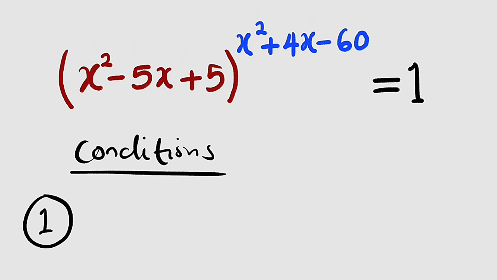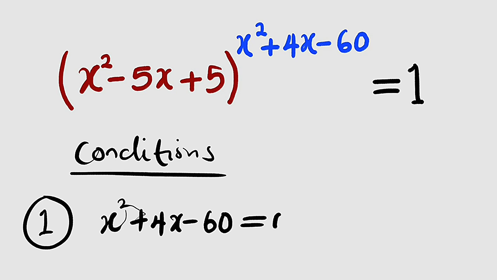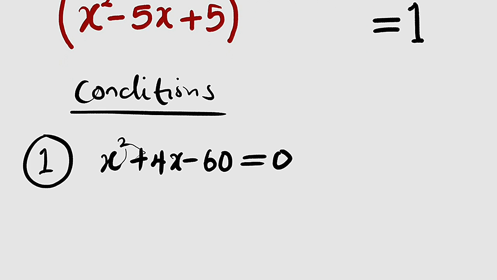The first condition, if our exponent is equal to 0, definitely the left hand side will be equal to 1. So the first condition is x squared plus 4x minus 60 equal to 0. If this is equal to 0, this to the power of 0 will be equal to 1. That is the first condition.